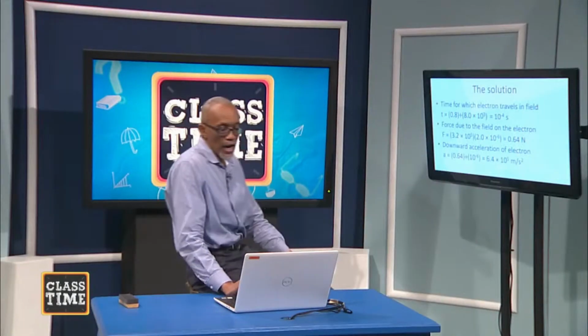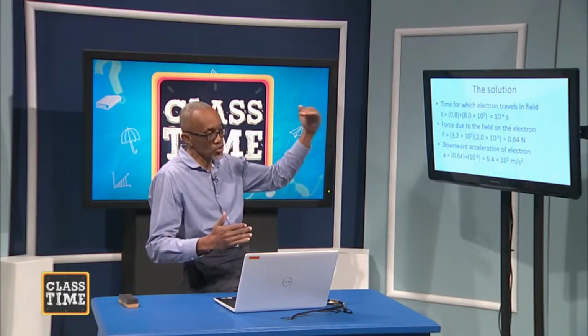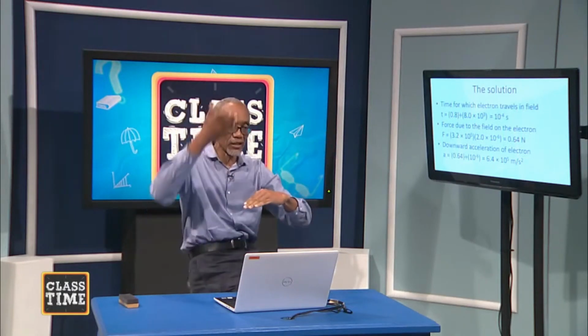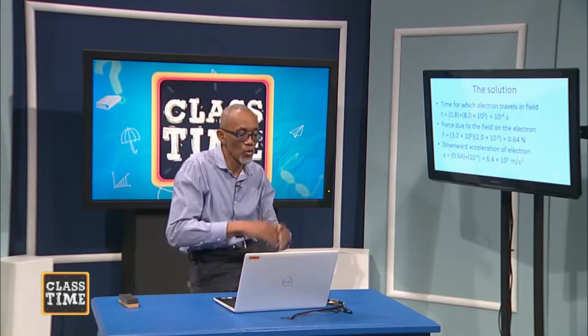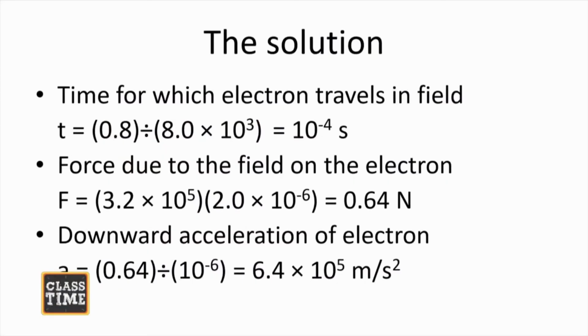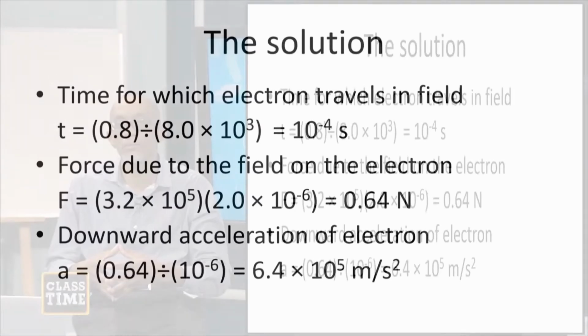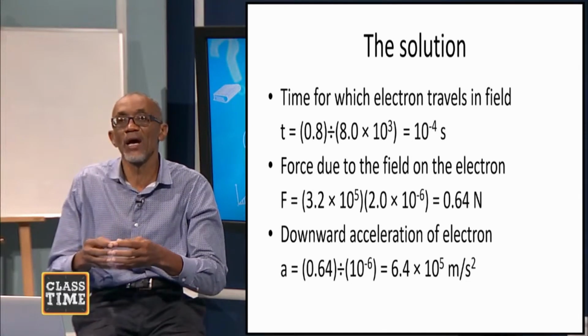All right. And then the downward acceleration. Because this charge is traveling in an arc, it has an acceleration downwards, a vertical acceleration. And so we're going to calculate that. We know from the laws of motion, the acceleration would be the force exerted on the particle divided by its mass.